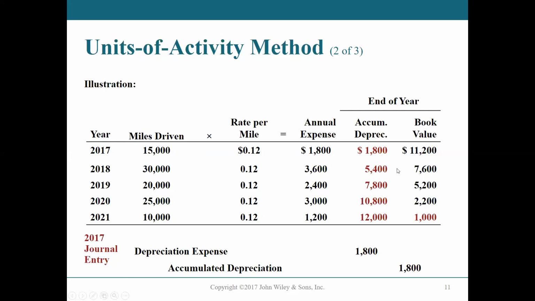Subtract that from the original cost to get the book value. Third year they drove 20,000 miles times the rate per mile. They'll do 2,400 this year, add it, and so forth. And again, your journal entry is the same: debit depreciation expense, credit accumulated depreciation. And that's it for what I wanted to go over. So maybe if we look at a couple of the problems, that will help solidify it instead of just me giving you a speech.